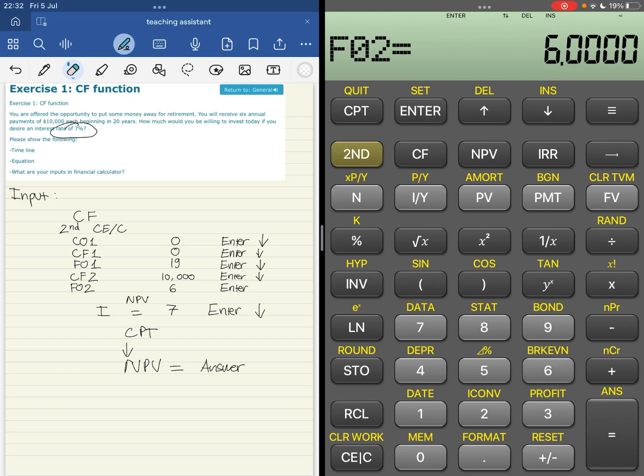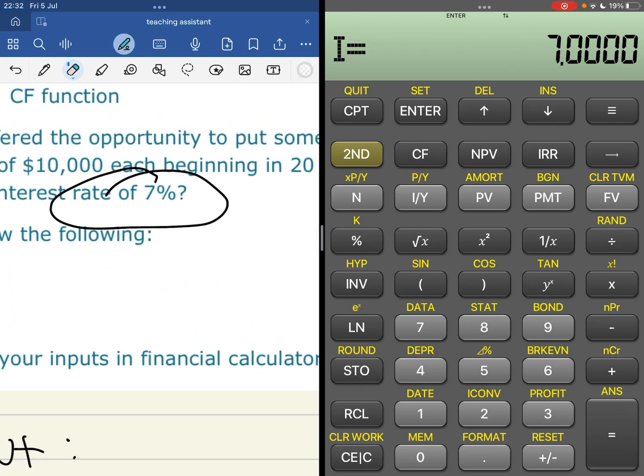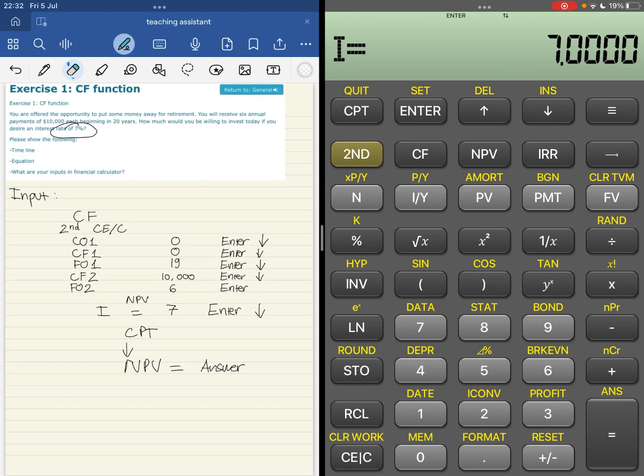Enter. Now we need to activate the net present value function. We press the NPV button on the second row, the third button from left to right. It will ask us what is the interest rate. And as you can see, it's 7%. So we press 7, enter, and we go down.